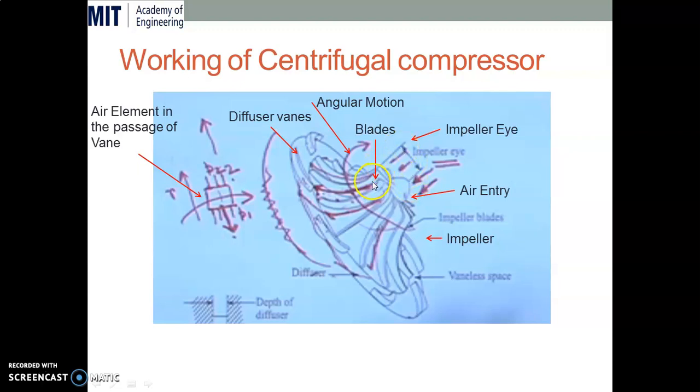At the entry we can see the blades mounted here. These blades have a specified shape: a kind of aerofoil shape up to this section, and again a curved shape at the end. This aerofoil shape and curved shape at the end are generally used for increasing, or transferring, the pressure energy.